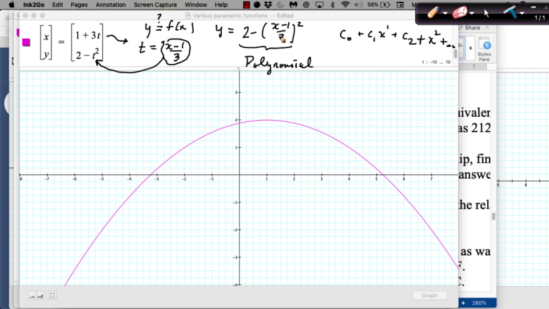Now, given any function of x, say I was starting with this function, an easy way to parameterize any y as a function of x is to start by saying, let's let x be t.